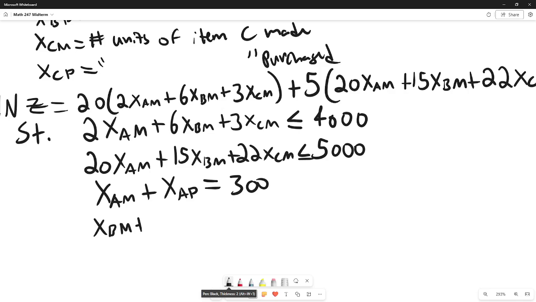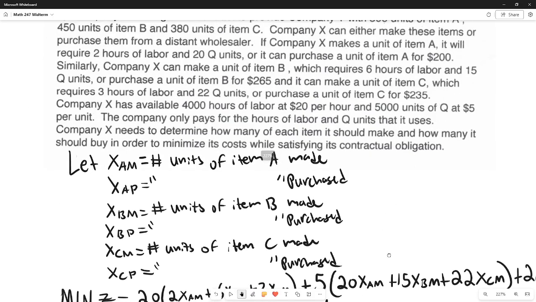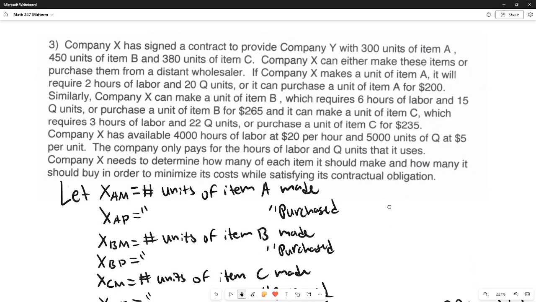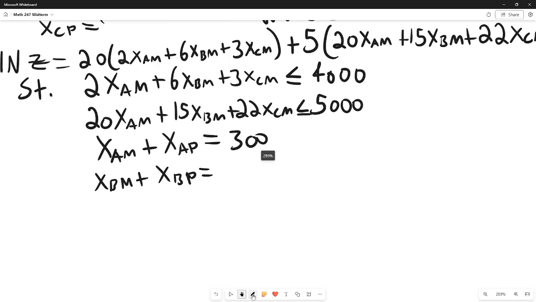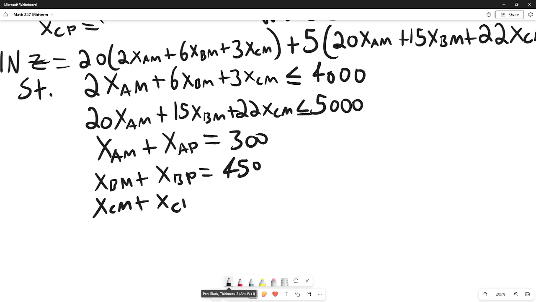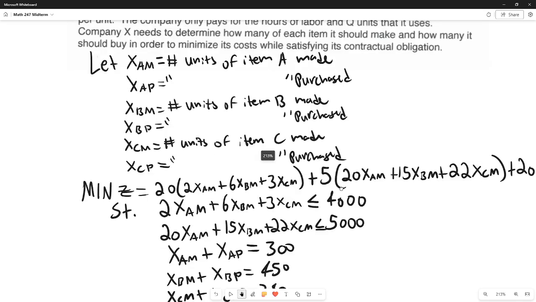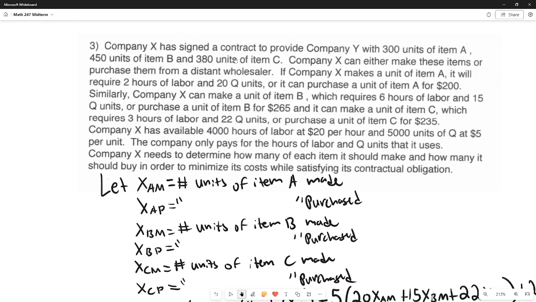XBM plus XBP. Well, what does that have to be equal to? I think we said 350 or 450. And then XCM plus XCP, that must be equal to 380, I believe it was. Let me just double check. Yep, 300 units.